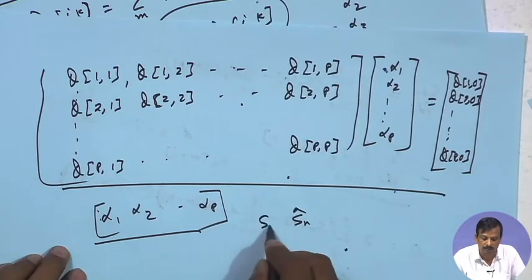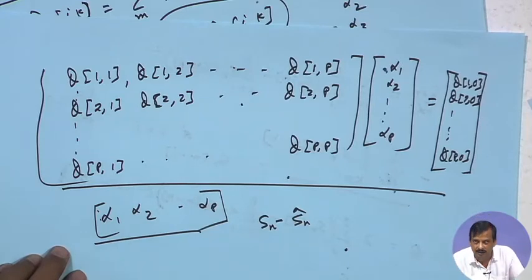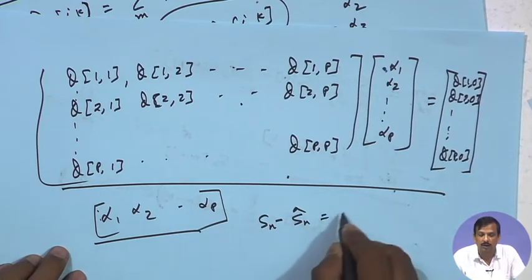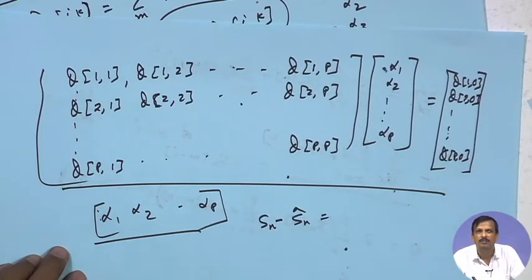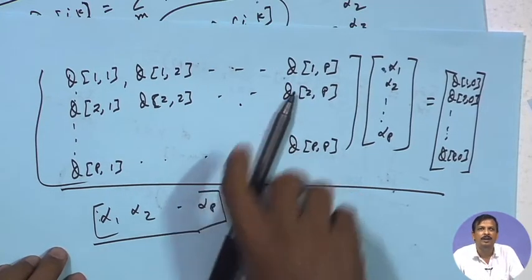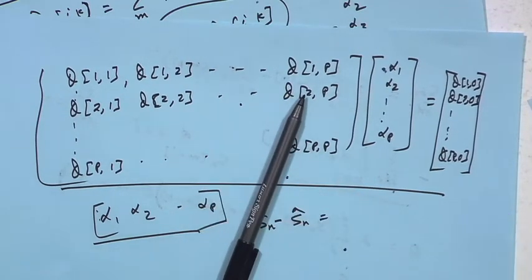The difference between my present signal and the estimated signal, the error, will be minimum. So, if the error is minimum, I can say this set of alpha values actually represents the production system, or represents H z for that time.